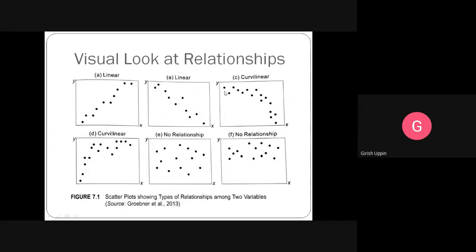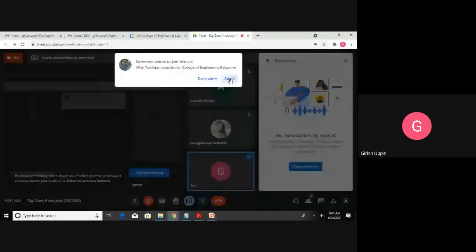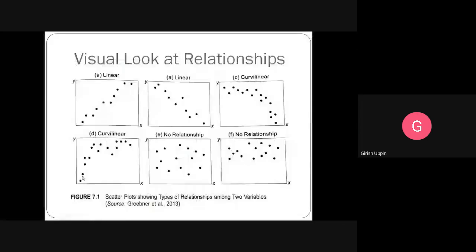So this is a curvilinear, non-linear relationship. Another example of curvilinear is this one. So it depends on what would be the best fitting line, and accordingly your accuracy will be predicted.